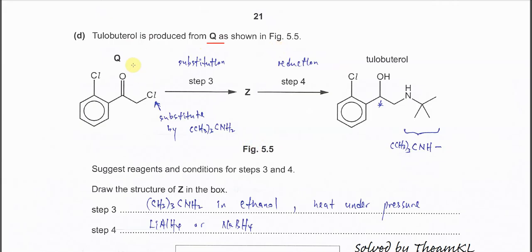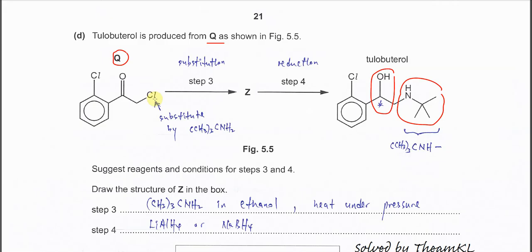Q undergoes step 3 and step 4, and eventually forms tulbutol. If we compare Q and tulbutol, we notice this is the group that is different. So after step 3 and step 4, these two groups, the carbonyl group and this chlorine, must change.